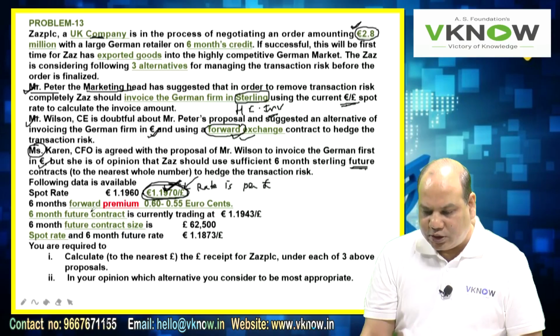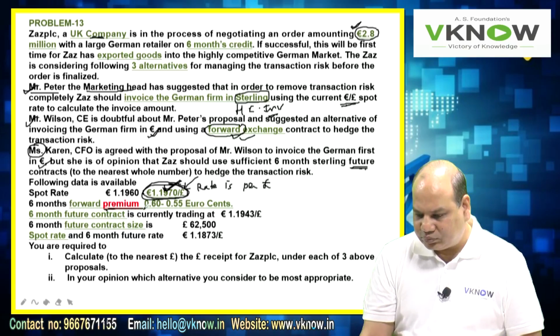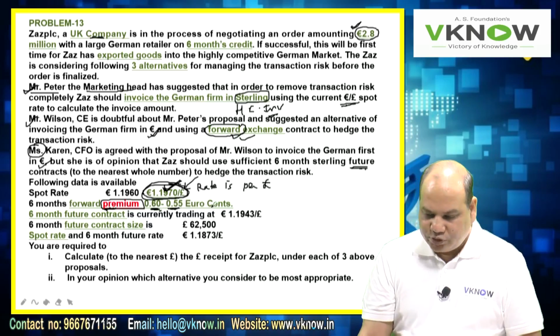Now see the mistake in the question. It says 6 month forward premium. Here they have used the word premium, and here the rates are 0.60, 0.55 euro cents. So there is a problem.